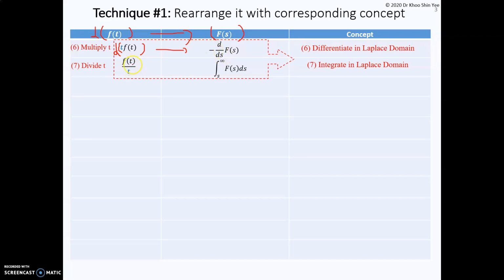If you divide the f(t) function by t and you take the Laplace transform for this, you will get the result in integration. So you need to integrate F(x) from the limit x to infinity. Normally we will replace the x with x bar here to indicate the dummy variable.